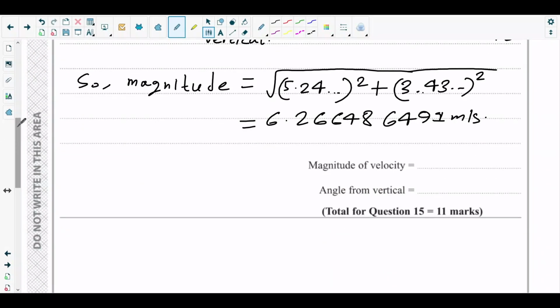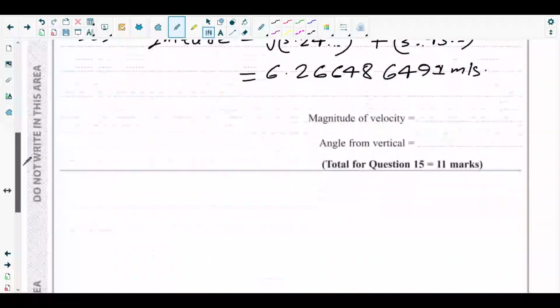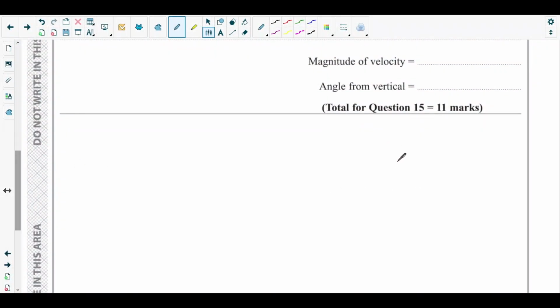Now we need to figure out the angle. Since it's falling vertically, this is v vertical and this is v horizontal.